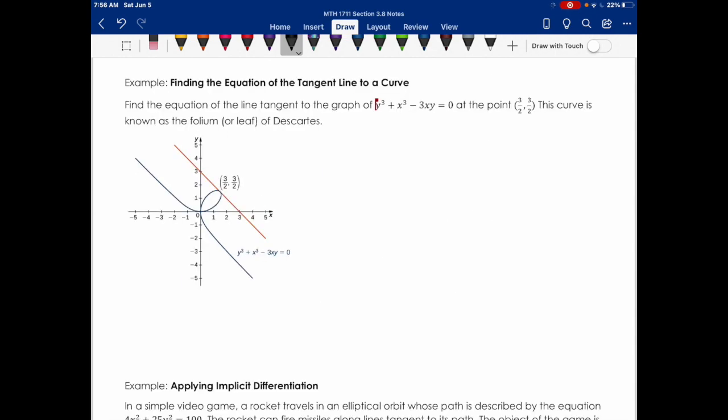In the next example, we're going to find a tangent line again, but we're going to use a different equation. So let's go ahead and find the derivative, so then we can plug in the point and find the slope. So I'm going to take the derivative of both sides. So I'm going to take the derivative of each term.